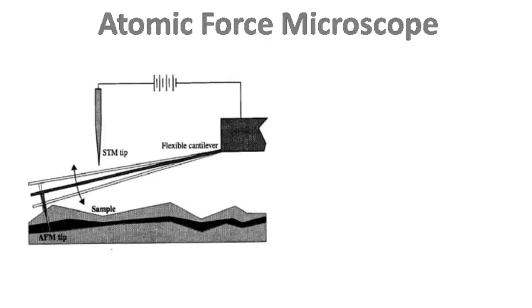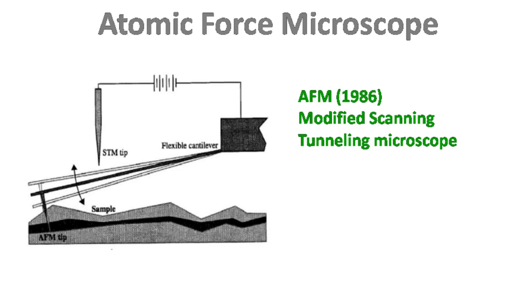Okay, now let's talk about atomic force microscopy. The atomic force microscope was invented in 1986 with a modification in scanning tunneling microscope. The atomic force microscope works on the principle of attractive and repulsive forces at the atomic level.